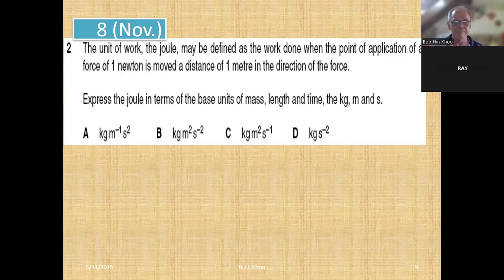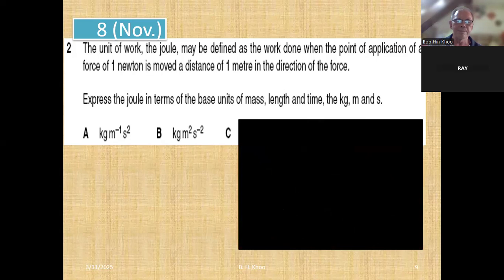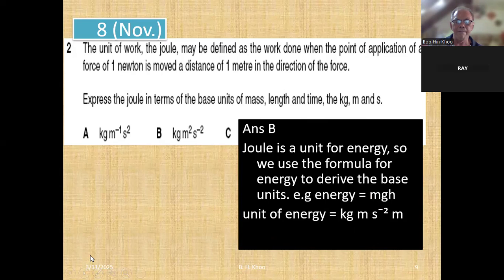It should be B. Yeah, B, okay. Or use any of the energy formula to work it out. Okay, this is your force times distance. Or any force times distance.